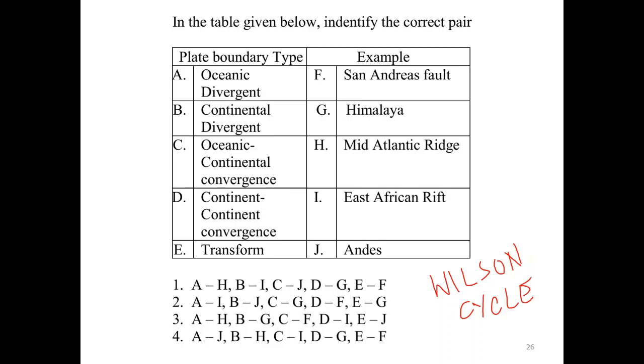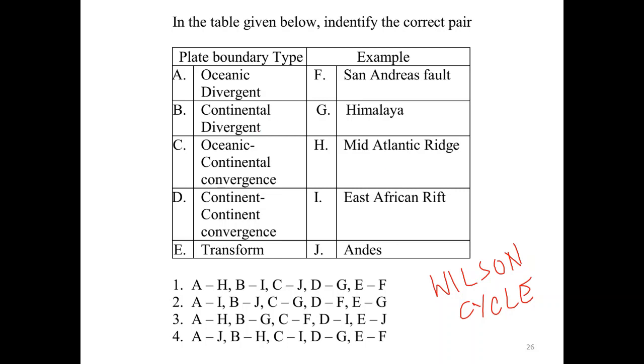So we have the embryonic phase, juvenile phase, adult phase, mature phase, old phase, and the last one is the suturing phase. Each of these has different tectonic processes. You should read about them. It's a very, very important question about the Wilson cycle.